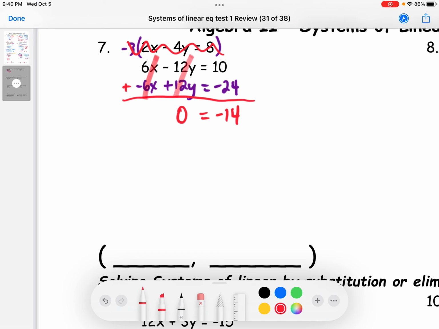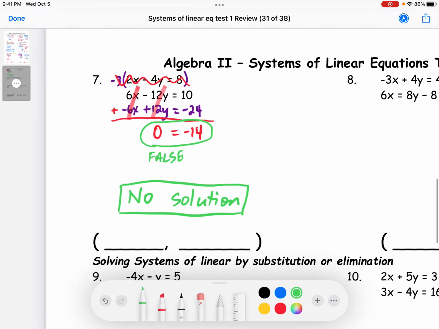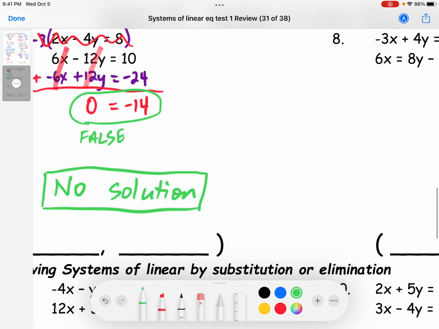So if you end up with something like this, that is something that is obviously false. Okay, this is an objectively false statement, right? So that tells us that there are no solutions. There is no solution to this system of equations. Okay, you could also hit them with this symbol right here. You've seen it before. It's this thing. No solution.